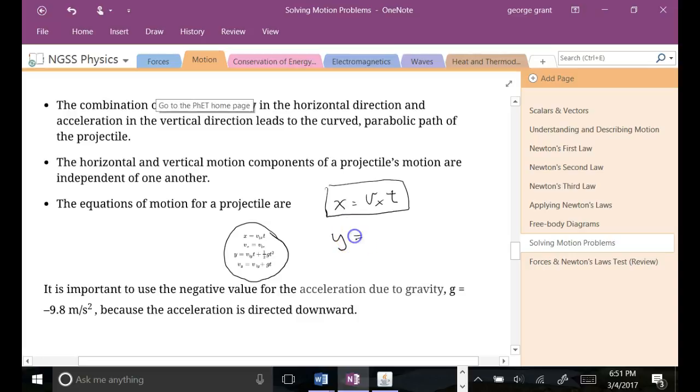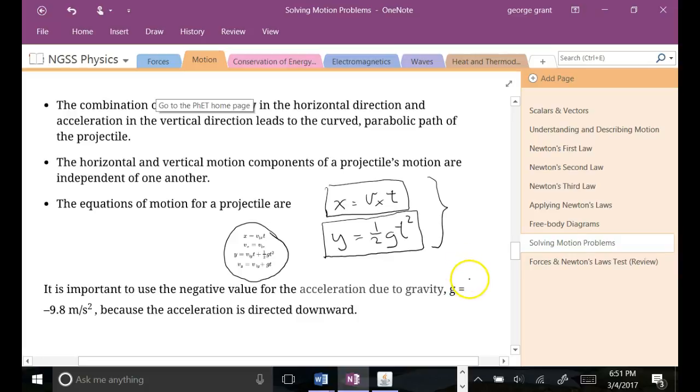So y is 1/2 gt squared, where g is the acceleration due to gravity. Okay, and with those two things we could figure out everything about the monkey falling, and we could also figure out what was going on with the horizontal translation of the banana.